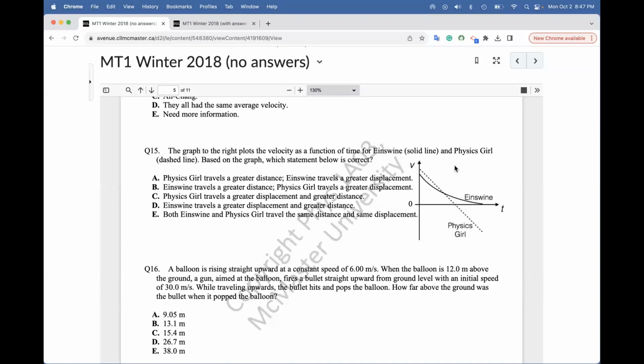Because if we use delta x is equal to v initial t plus half a t squared, right? We can cancel out the acceleration because it's not accelerating. But we have another variable, time, right?